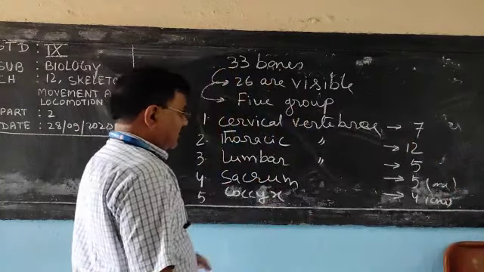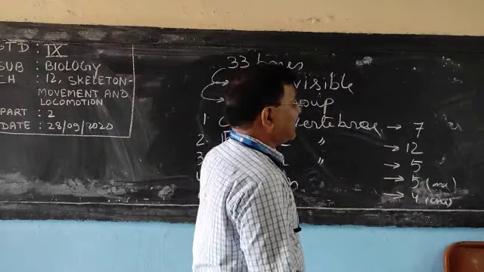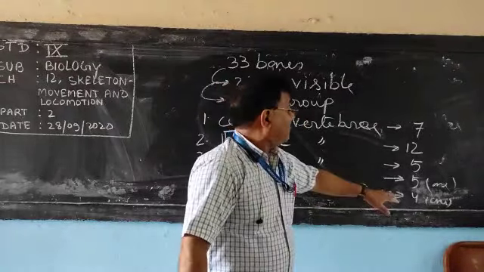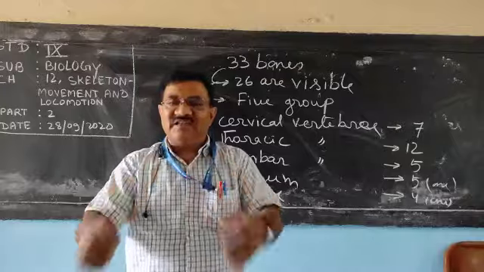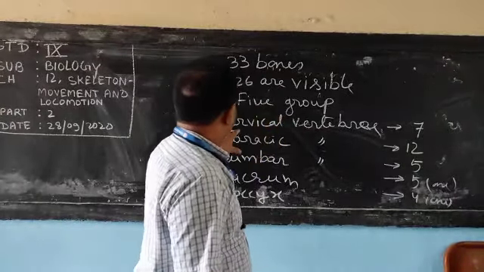Once more try to understand. These 5 bones of the sacrum fuse to form 1 bone, and these 4 bones of the coccyx fuse to form 1 bone.